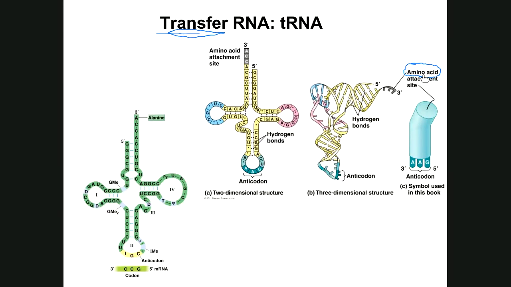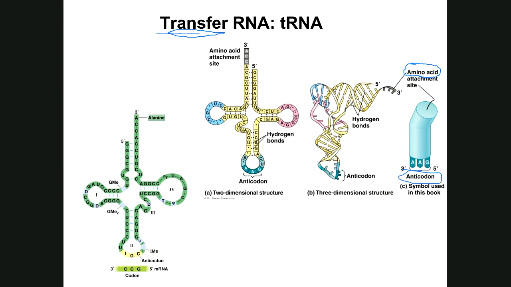So technically speaking, when the ribosome grabs an amino acid, it's actually grabbing it off of the tRNA. But it's up to the tRNA to help the ribosome translate the codons in the mRNA. And the way tRNA is able to help the ribosome translate the codons in the mRNA is through these.